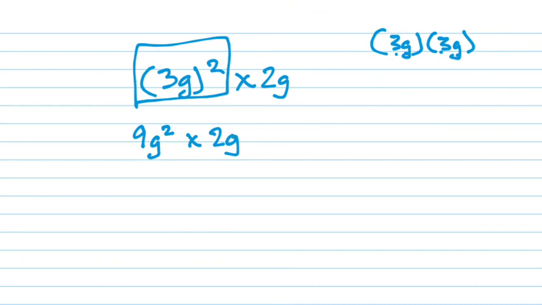But I couldn't combine them. So 9 times 2 is 18, and g to the second times plain old g is g to the third. Exactly, because there is no exponent, you assume it to be a 1. And when you're multiplying powers, you just keep the base and add the exponents. So don't get confused when there's more than one operation.